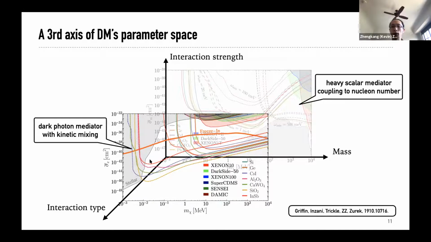And here we also did the calculation for a variety of candidate target materials, and the shapes of these curves look very different. So I don't really have time to discuss the interesting physics going on for what material does better than others, but I would refer you to our paper for a detailed discussion on that.